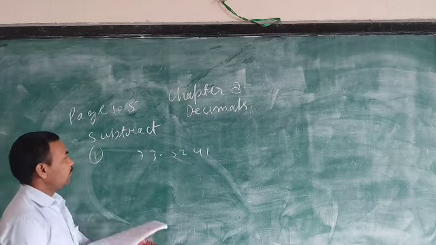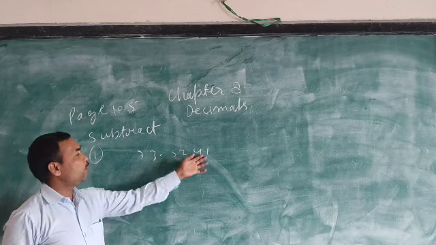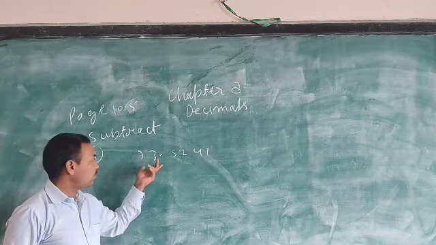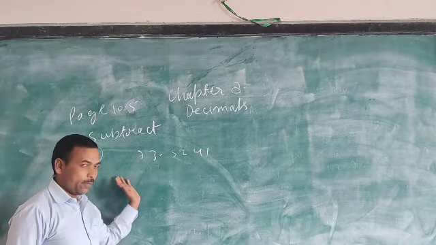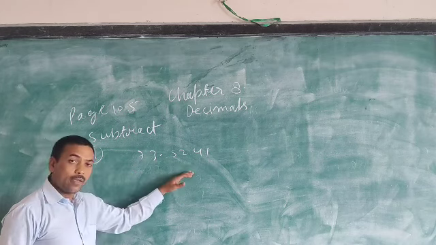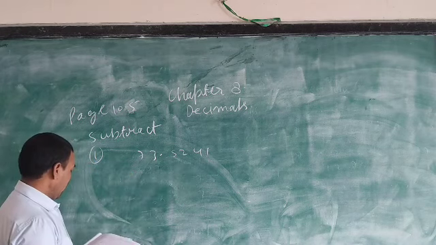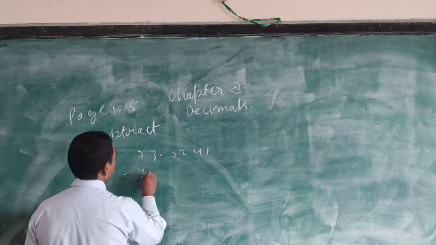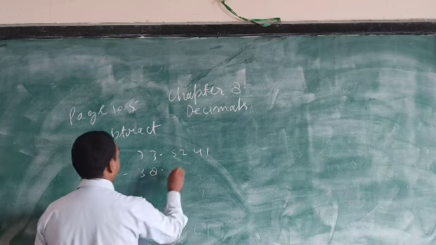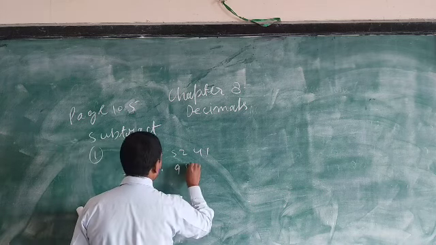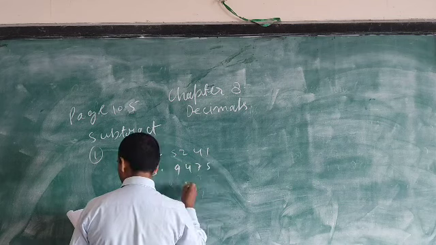You know the value of this 73.524 means this value is near about 74. This number is less than 74 and greater than 73. So from that number you want to subtract 38.9475.